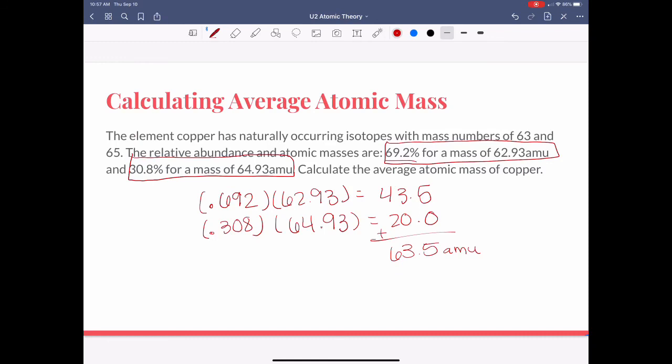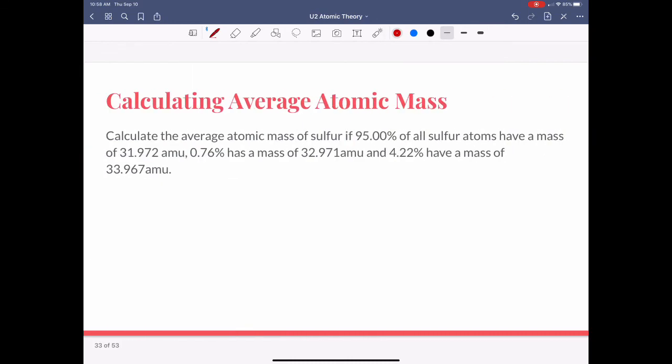All right, so now we're taking some very specific atoms of copper and we're adding them together to find the average atomic mass based on your percent abundance. All right, and then last example here, calculating average atomic mass of sulfur. If 95% of all sulfur has a mass of 31.972.